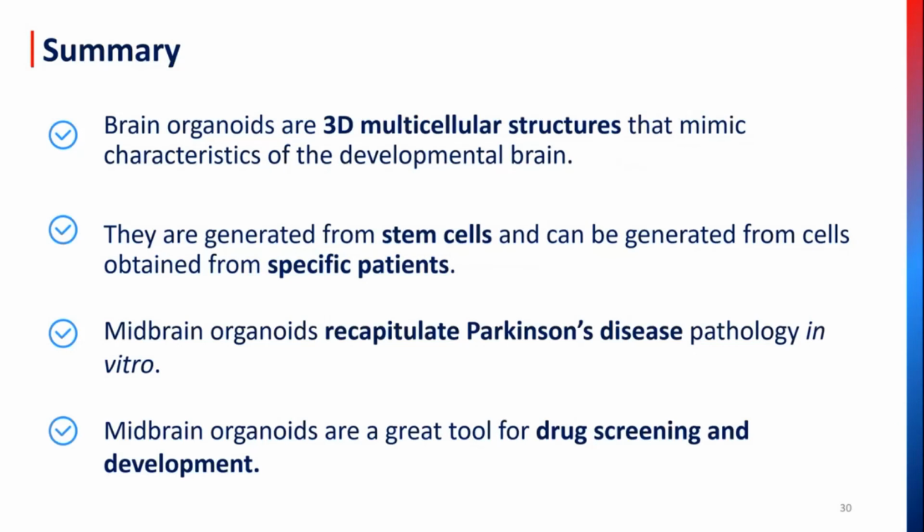And I hope I could convince you that specifically midbrain organoids recapitulate in vitro the main features of Parkinson's disease. And I also showed you that we can use them to test and develop compounds against different forms of the disease in an effort to make the treatment as personalized as possible.